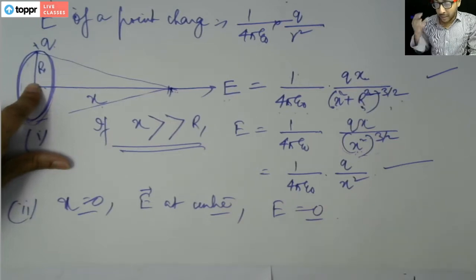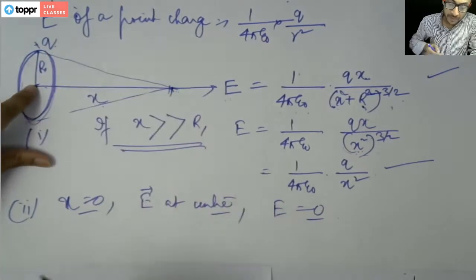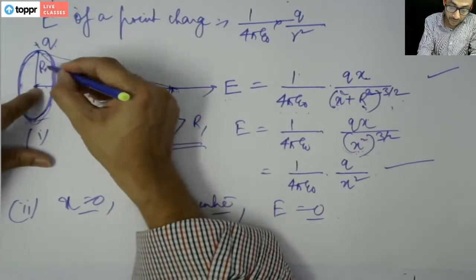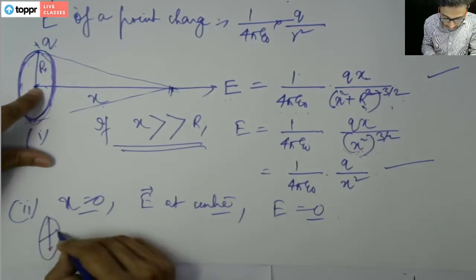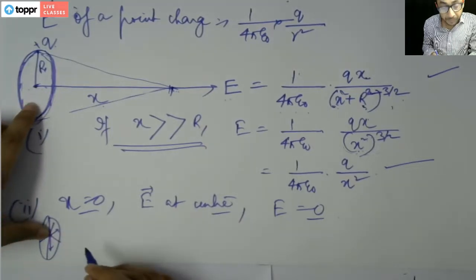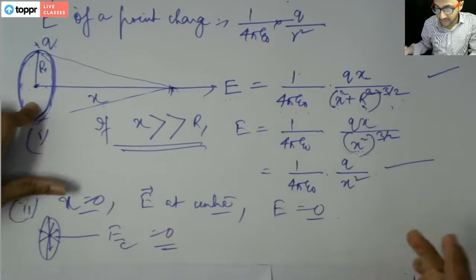That you can also think with the help of symmetry, because all these positive point charges will have the electric field directed towards the center, right? And they will cancel at the center. So electric field at the center is 0.